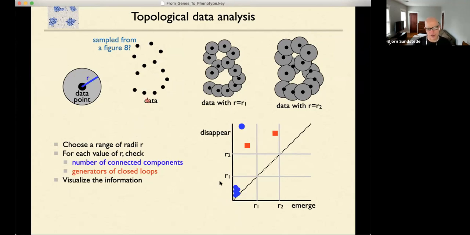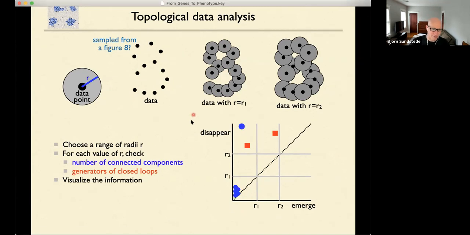Every data point is its own connected component. As I keep increasing the radius, these will merge. When I'm at R1, all of the data points are connected by these balls. So a lot of these connected components are there immediately, and then they disappear very quickly. There's only one that stays forever, and that's the connected component that you see for R1 and R2, and that basically is there until R becomes infinity.